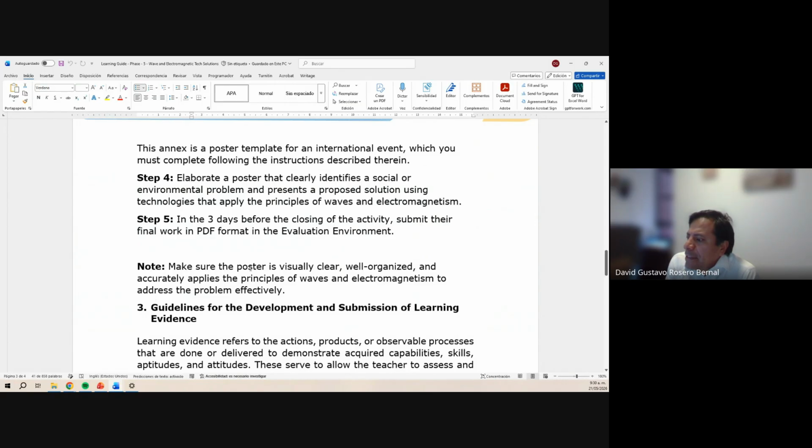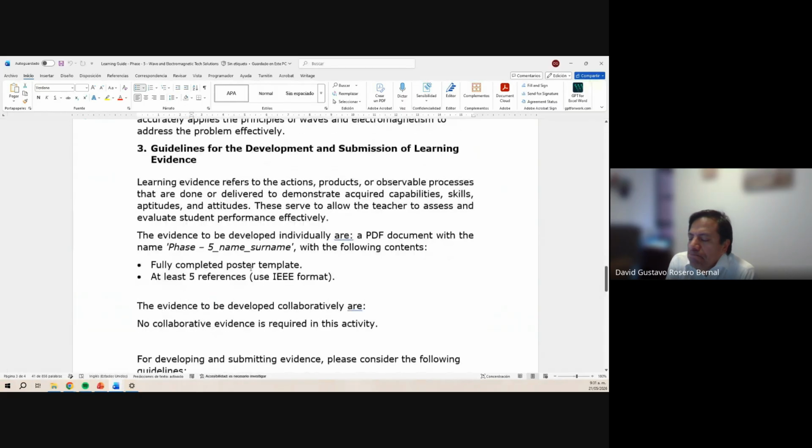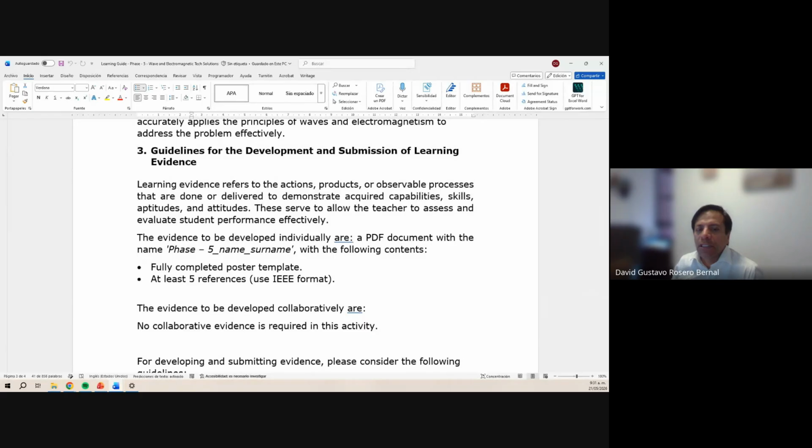Submission requirements. The fully completed poster template, every section filled in, no placeholder text remaining, and at least 5 references in IEEE format. This is a strict requirement, unlike previous classes, which only asked for one reference in APA format.